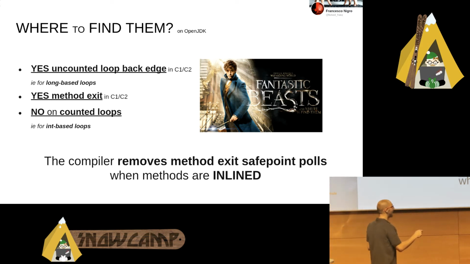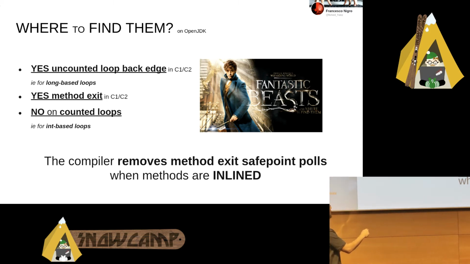So, as I told you, when we have changed from integer to long, that loop has magically appeared, okay? The integer loop is called a counted loop for the JVM, that specific type of loop.